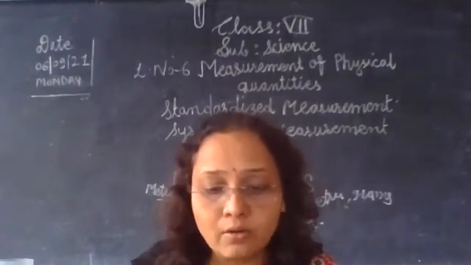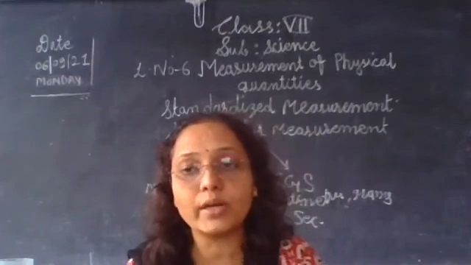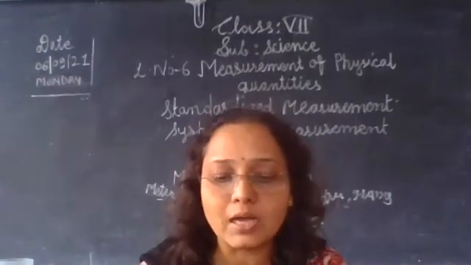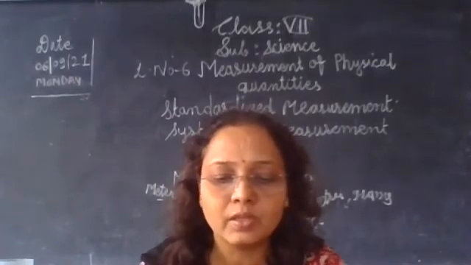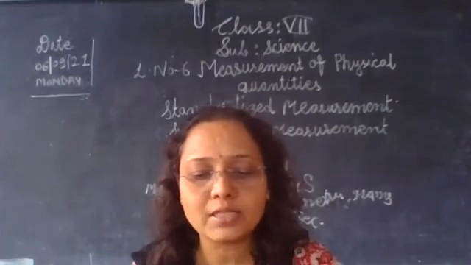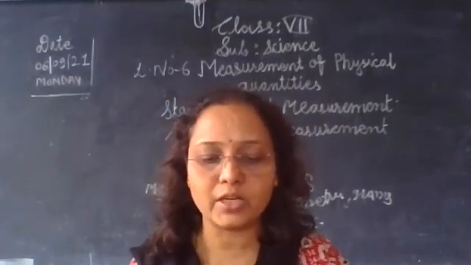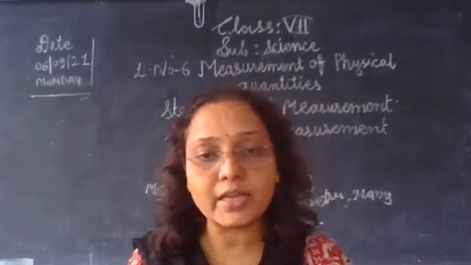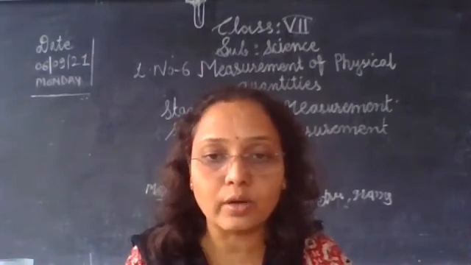So let's see now the standards for the fundamental quantities. As the standard of mass, a solid cylinder made of platinum iridium alloy is kept in the International Bureau of Weights and Measures at Paris. As per international agreement, this mass is called 1 kilogram.